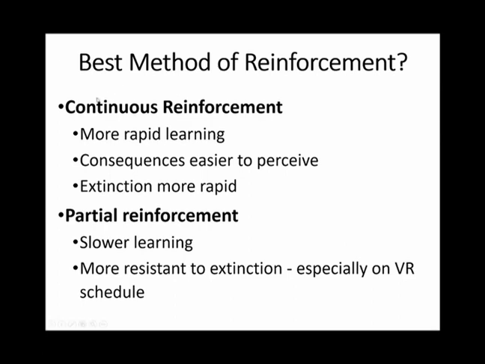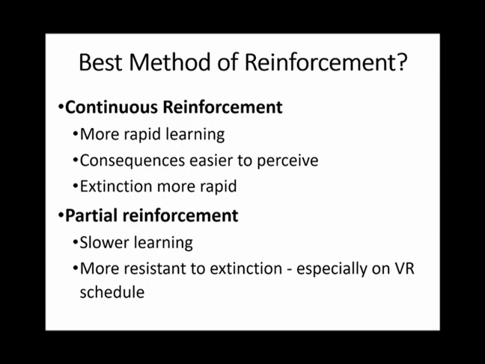So our continuous reinforcement lets us have very rapid learning because every single time that the animal makes a response, every time they push that button or push the lever, they're going to get a desirable outcome. So they're going to form a strong relationship. They're going to learn that doing that response gets them that good outcome. So they're going to do the response more. And so in that way, the consequences of their action, of their responding, are easier to perceive.